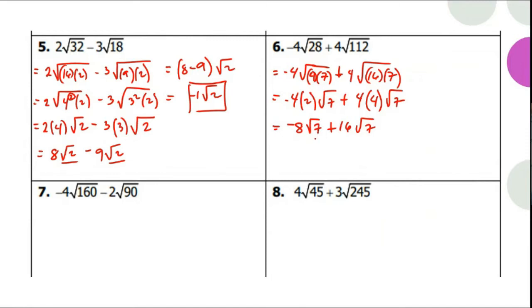Negative 8 square root of 7 and 16 square root of 7 are similar now. So we can combine negative 8 plus 16 square root of 7. So the answer now will be positive 8 square root of 7. Negative 8 plus 16 is positive 8 times square root of 7, so that is 8 square root of 7.